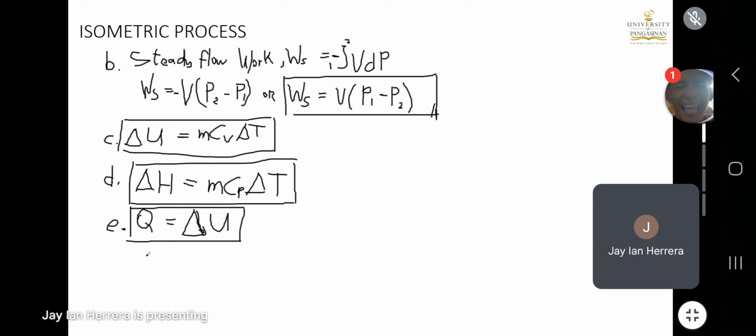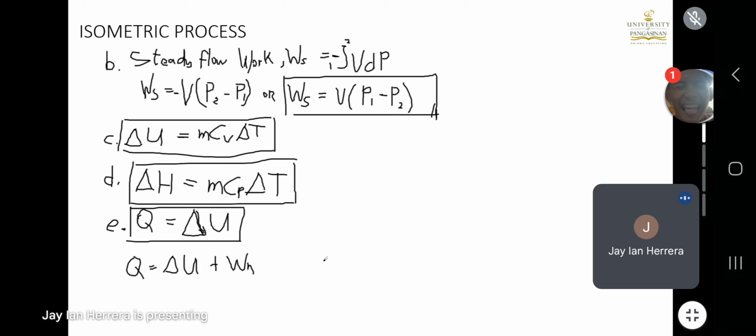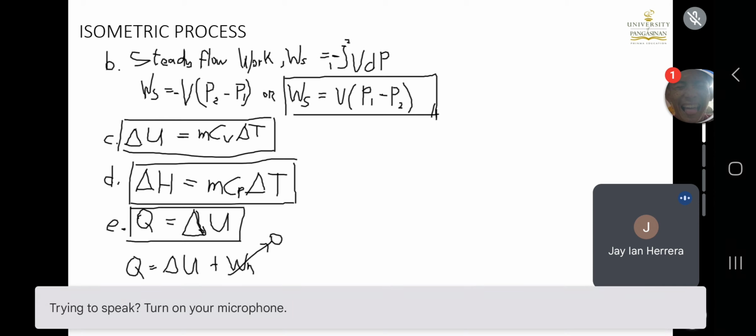Since ang ating Q is interchangeable naman eh. It is delta U plus work non-flow. And since from the beginning, work non-flow is 0, so this will become 0 lang din. And therefore, Q is equivalent to delta U. Or in some cases, mas malaki si internal energy rather than heat. So this is delta U is equivalent to Q plus work non-flow. Since 0 nga si work non-flow.